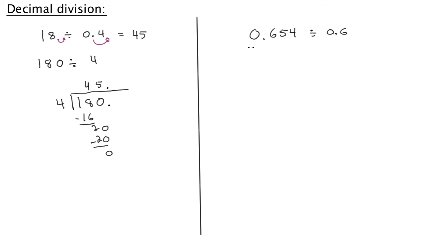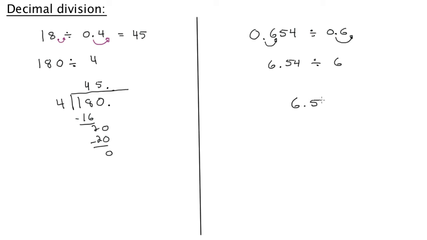We're going to move the decimal point one place over in both of these so that this here becomes a 6. This becomes 6.54. These are equivalent problems. My answer won't be any different by doing this. If I multiply both by 10, my answer remains the same. 6.54 divided by 6. Now I'm happy.